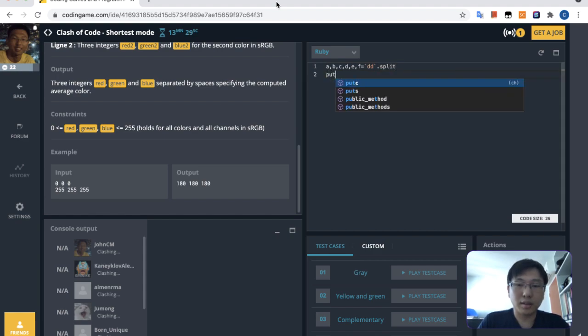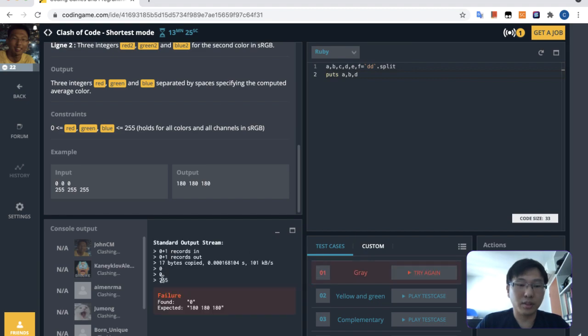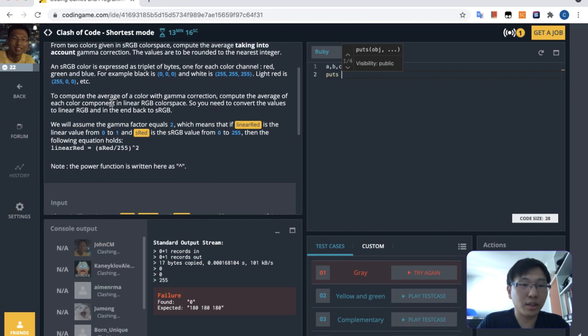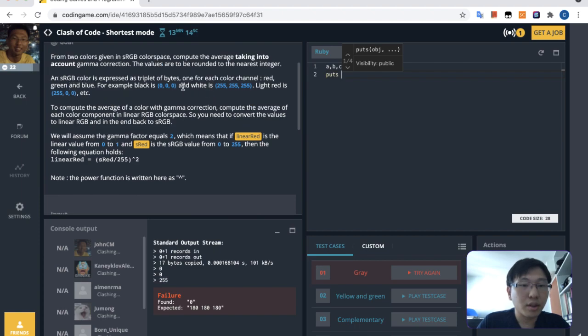Okay, I just want to see whether we print correctly 0 0 2. Okay, it looks like it's working. So maybe let's try to put as over here is the average, right? S rate. Compute the average of each color component in linear RGB color space. Convert the values to linear RGB and back to sRGB.